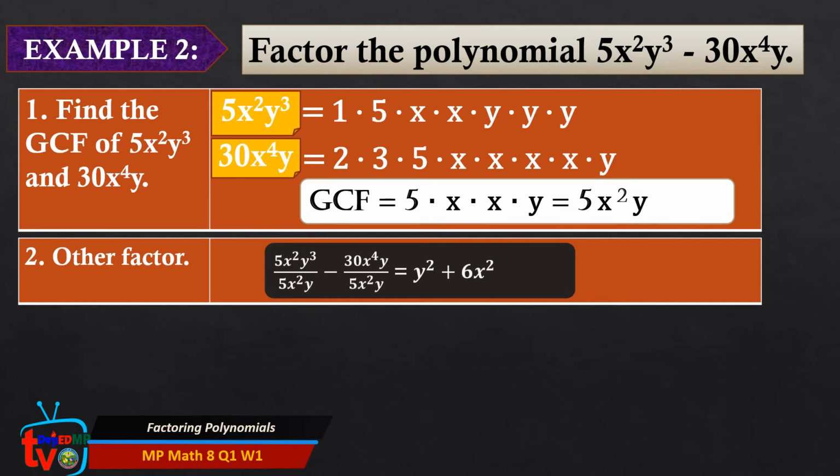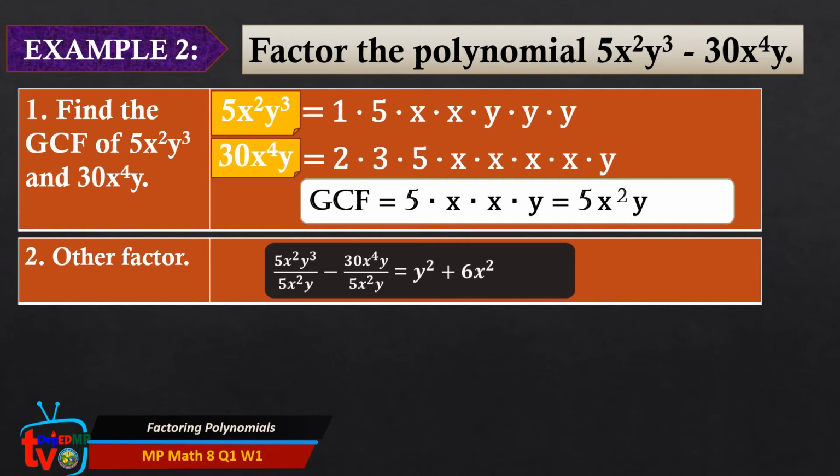Next, we have 30x raised to 4 y divided by 5x squared y. 30 divided by 5 is 6. x raised to 4 divided by x raised to 2 is x squared, because we are going to carry the base, which is x, and we are going to subtract the exponents. So 4 minus 2 is 2. Now y divided by y is 1.